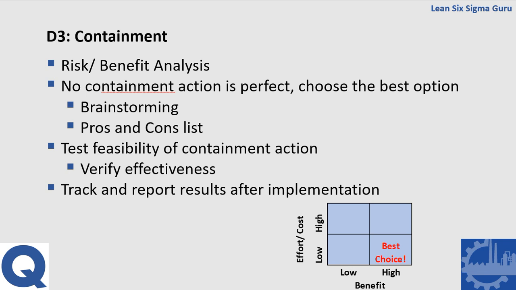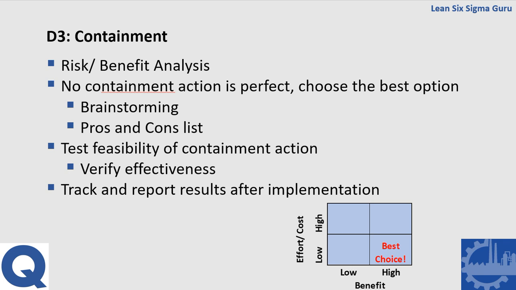For containment, when we consider possible actions, we need to consider risk benefit analysis. There is no containment action that's perfect, so we choose the best option. Brainstorming, although a weak process overall, is sometimes very good at helping us come up with ideas at this step. Something simple like a pros and cons list will help us to understand what some of our risks might be.